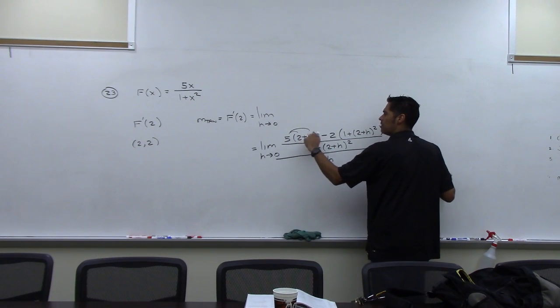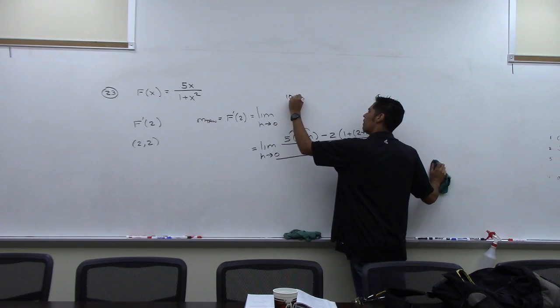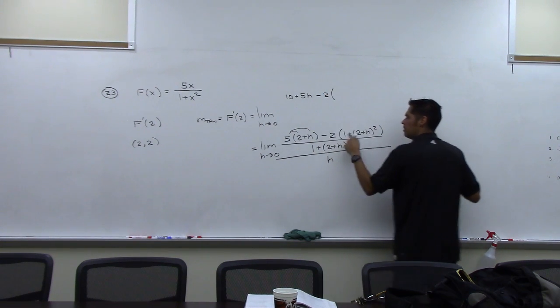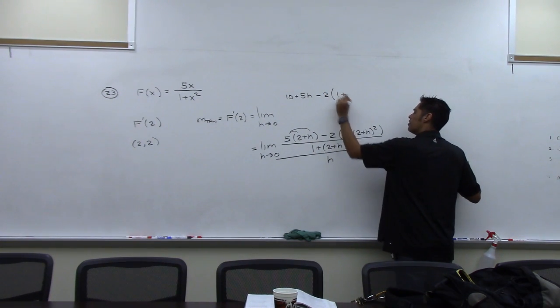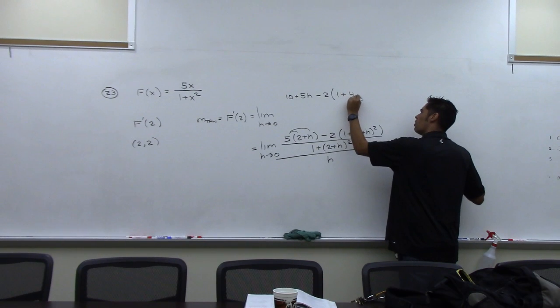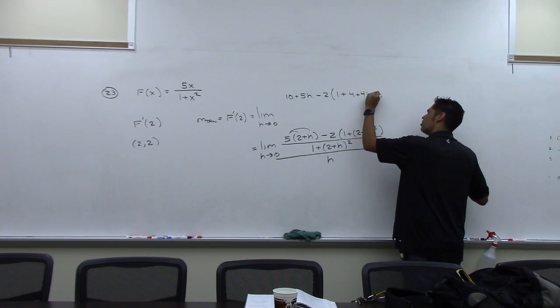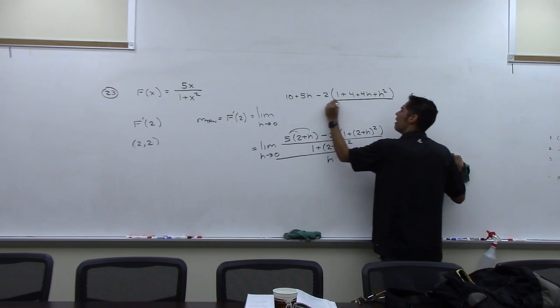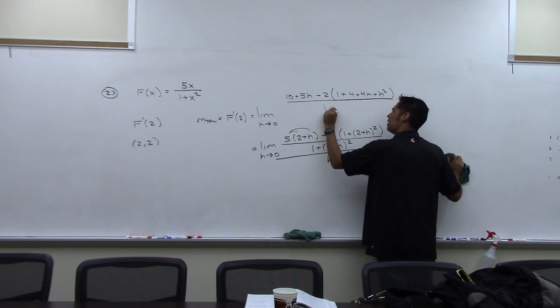So we get 10 plus 5h minus 2, and I'm going to do this first. 1 plus, when I square this, I should get 4 plus 4h plus h squared. Then all of this divided by my common denominator.